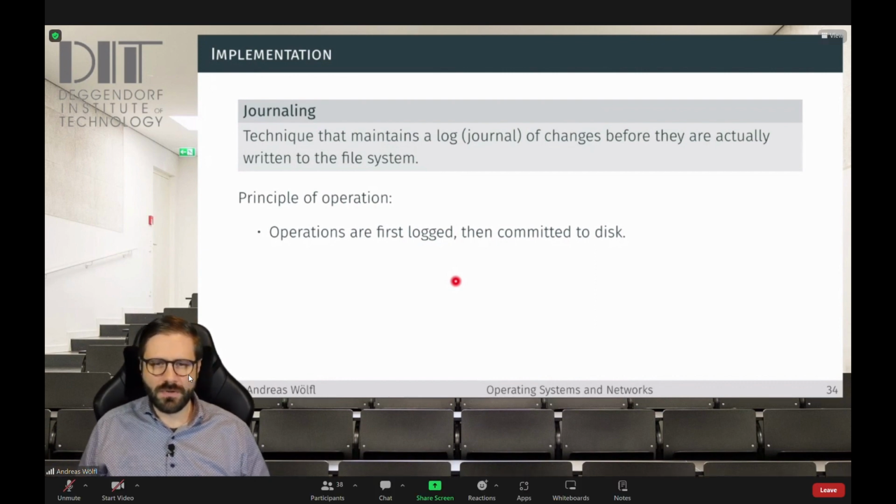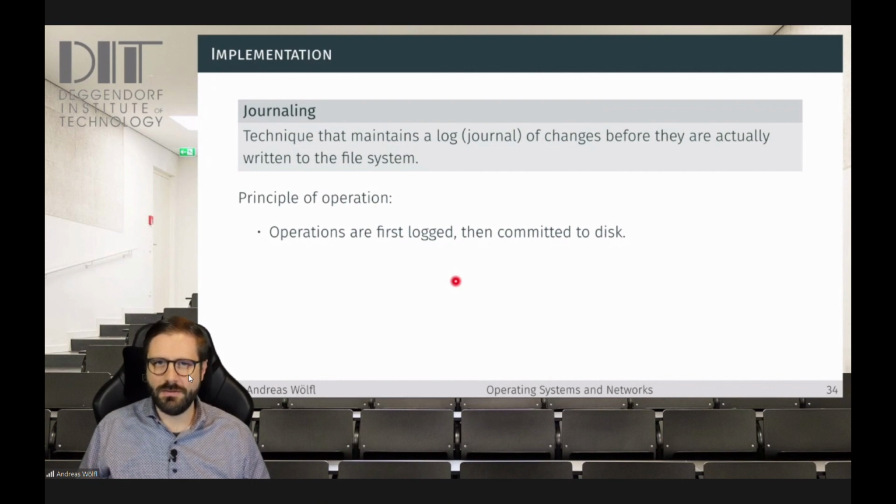They need to access files fast, and they need to be fault tolerant in a sense that if the file system or the storage medium crashes, the files should be consistent in a sense that the information that we store in a file should not be corrupted by any means. And journaling is the way how we can achieve that.